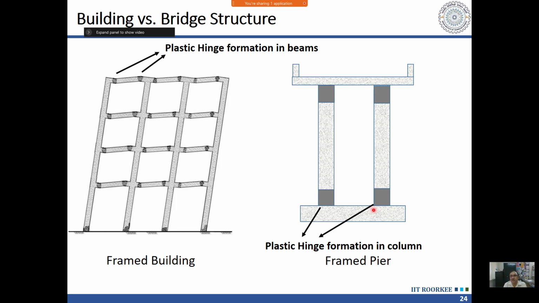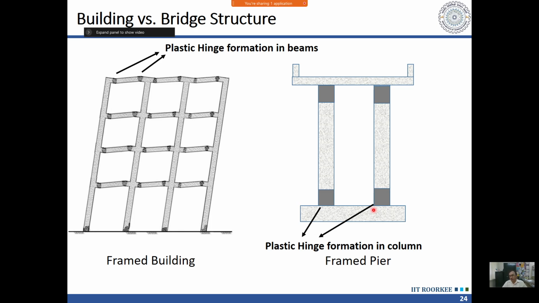As a result, the ultimate capacity becomes larger than what is required from the ULS consideration. And even if we use a reduced response reduction factor, let us say 2 for the foundation, there is no guarantee that the foundation is stronger than the pier.